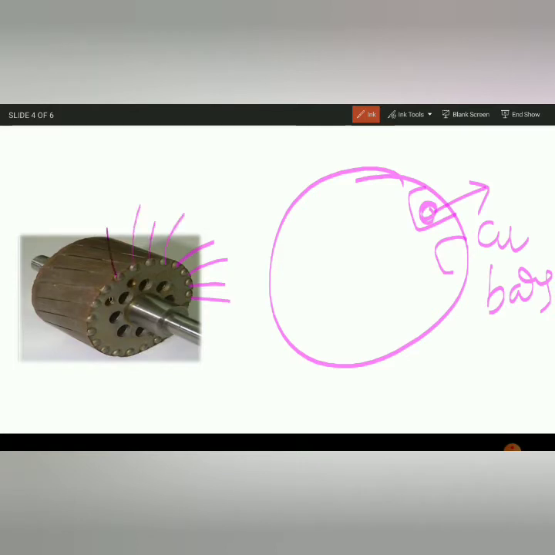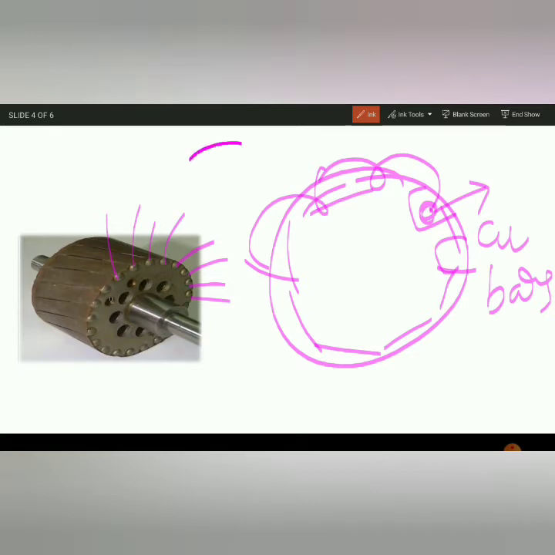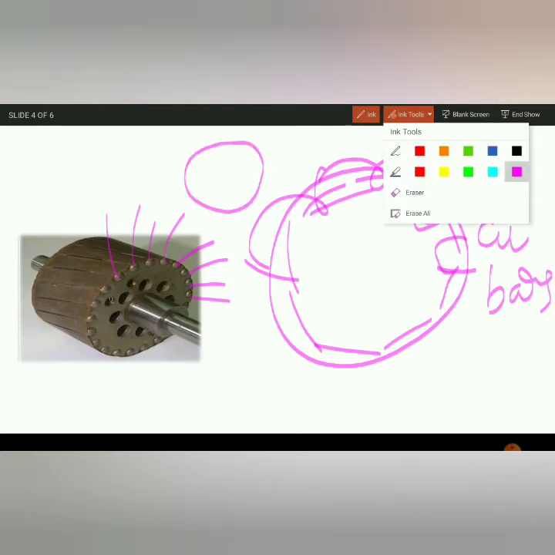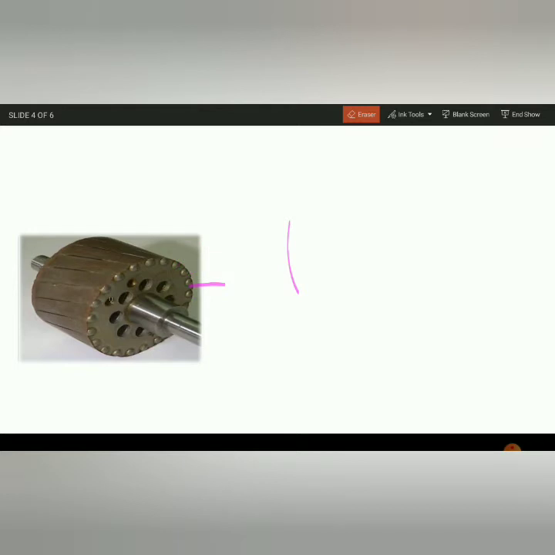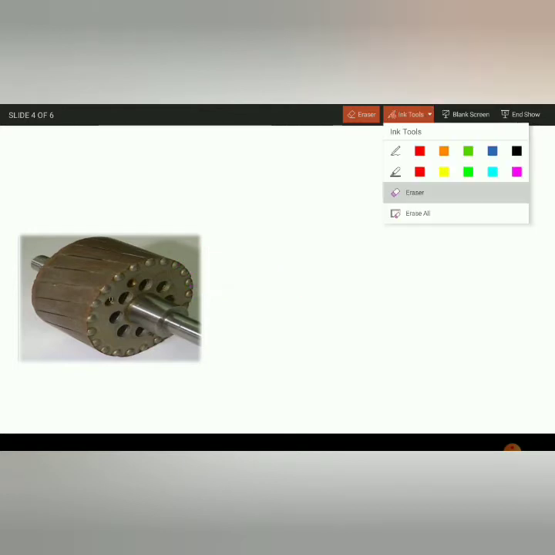These copper bars are used as a winding, and they are connected by means of copper strips, interconnected like this, so that it can make a complete winding. Now, the important point: suppose I start making connections.